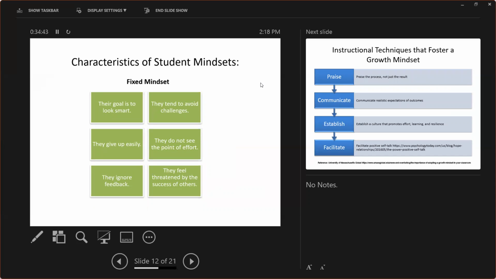And a fixed mindset, characteristics of students with a fixed mindset would include they want to look smart. And so they might feel uncomfortable asking a question because they might feel that if they ask a question, then maybe they don't look as smart.